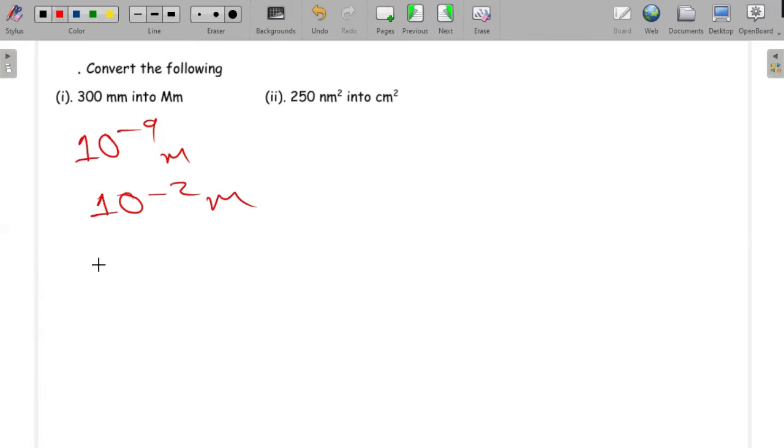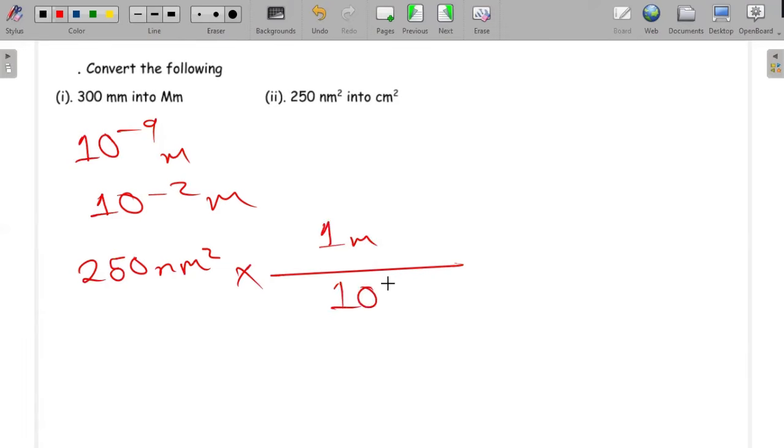So we can first convert 250 square nanometers, if you want to take it step by step. Let's convert it into meters. So we have 1 meter, which is equal to 10 to the power 9 nanometers, like this.